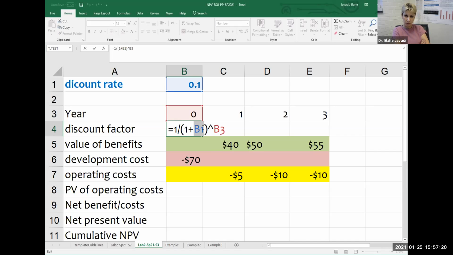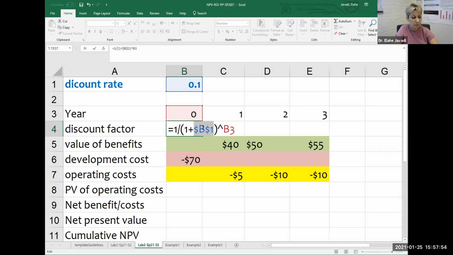As I move my formula to the right, B1 should stay B1, so should stay constant. How do I do that? Select B1 on the formula, press F4. Press F4. Or if you don't have F4, you don't know the shortcut key, just put the dollar signs before and after B. This is telling Excel that this part of the formula stays constant.